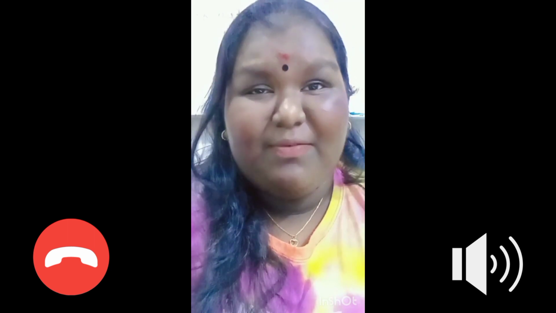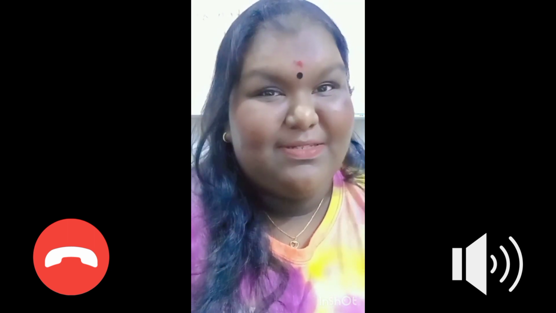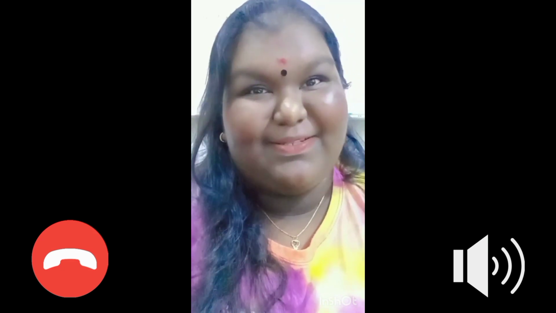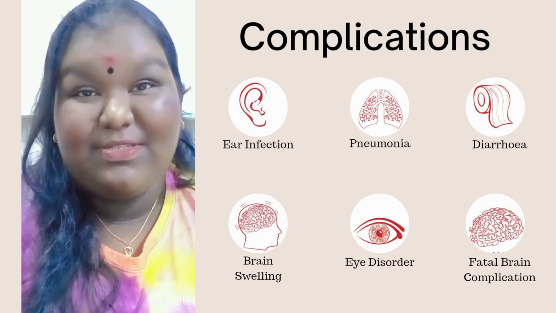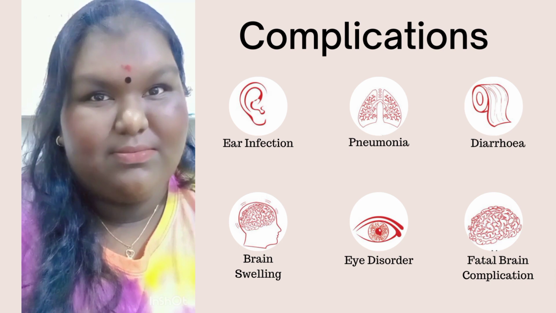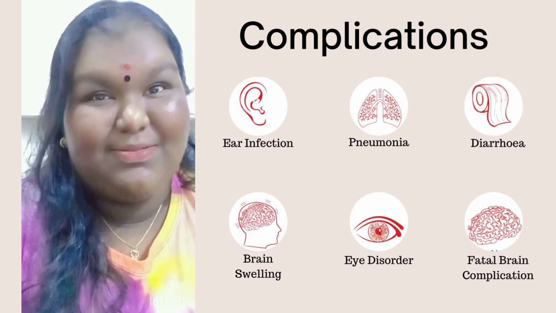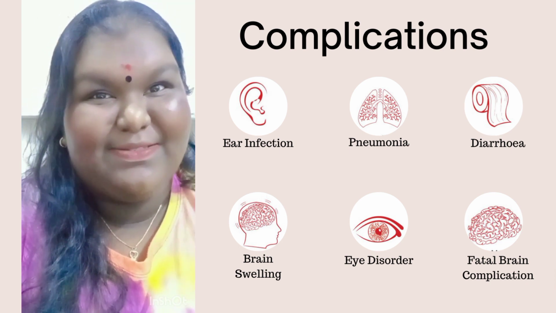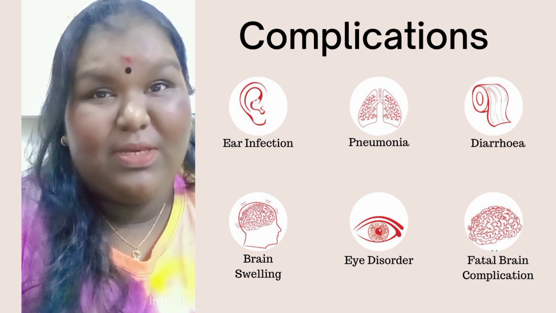Prasad, have you ever wondered what the complications of measles are? Don't ever look down on measles, because the complications are very serious. Measles can cause ear infection, which results in hearing loss. Will you believe me if I say pneumonia is one of the complications?